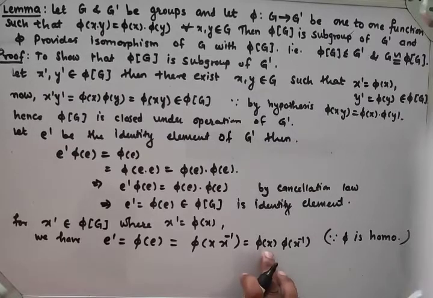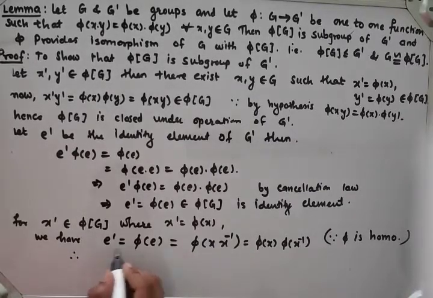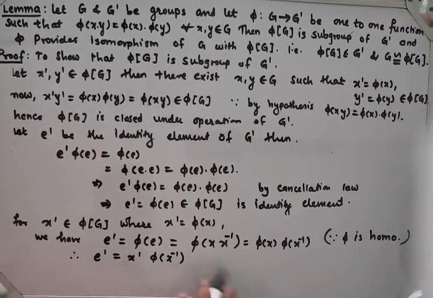Since phi of x has value x dash, we write E dash is equal to x dash into phi of x inverse. The product of two elements is equal to identity, which means these two elements are inverses of each other, right? Because we have the definition of inverse of a function: x into y is identity, then x is an inverse of y or y is an inverse of x.